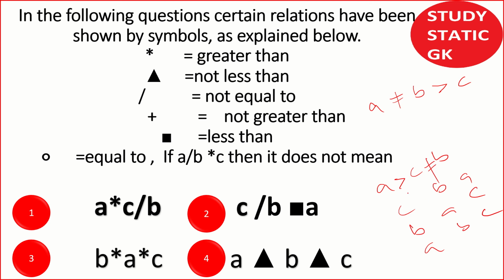Okay, here also he is asking about does not mean only. Here you see A is greater than C, one of the possible cases, because A not equal to B means A may be less than B or A may be greater than B, right? So A may be greater than C also. C not equal to B, it is clearly telling B is greater than C, which means C is not equal to B. See, this is a possible case.